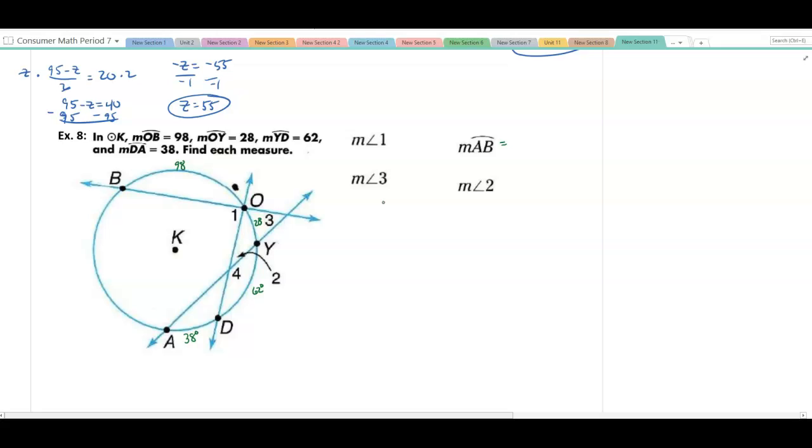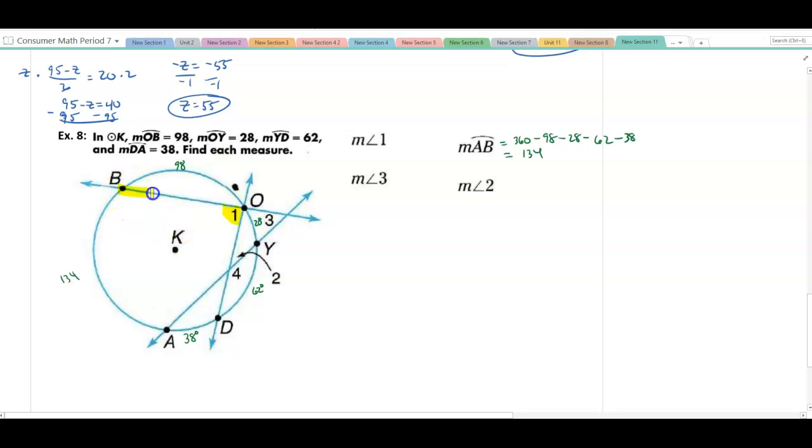So, when I do 360 minus the 98 degrees minus the 28 minus 62 minus 38, that would give me 134 degrees. Now when I go to find the angles, right? Here's the important part. When I look at angle 1, I have to know angle 1 is an inscribed angle.